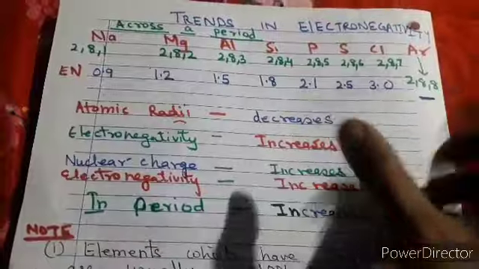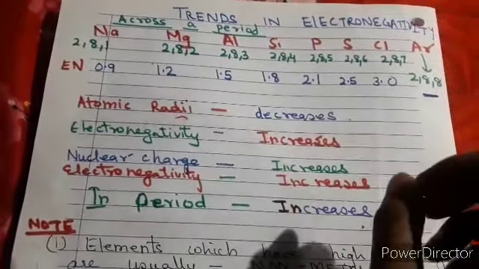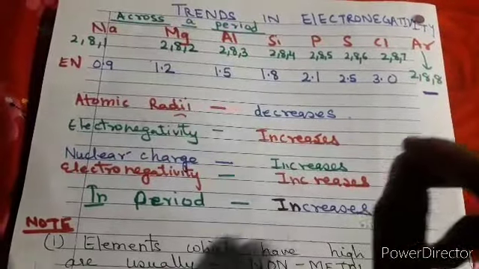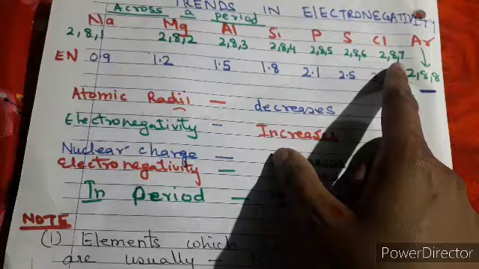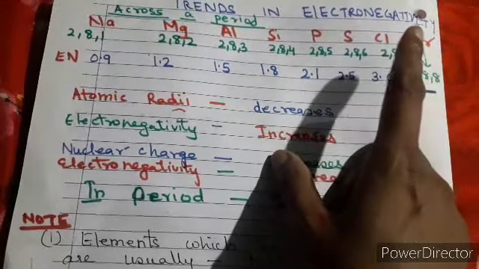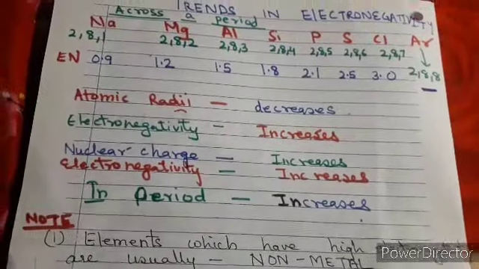But who is responsible for attracting the electron? The nuclear charge, right, that is present on the nucleus. So if that is high, automatically the electrons will reach the outermost orbit very easily, and that particular atom will be more electronegative in nature.